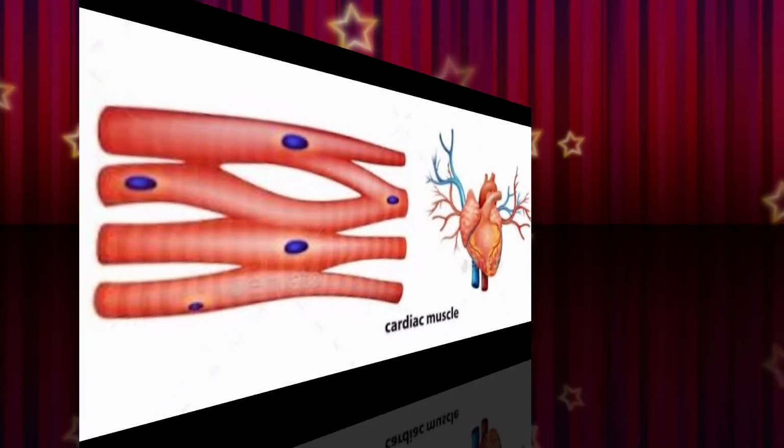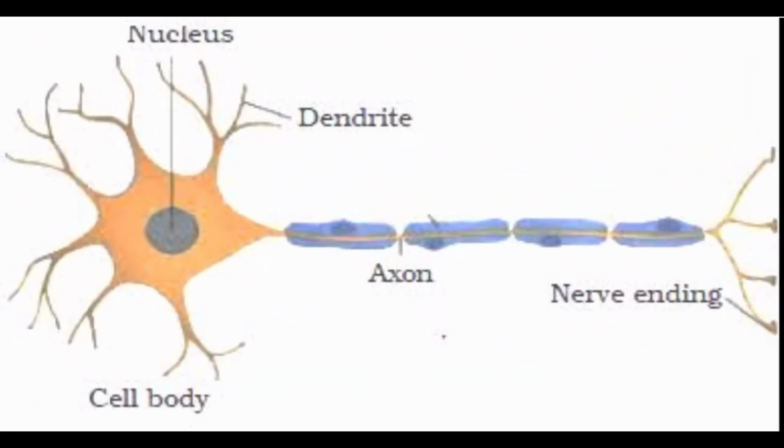Nervous tissues. Cells of the nervous tissues are highly specialized for being stimulated and then transmitting the stimulus very rapidly from one place to another within the body. The cells of these tissues are called nerve cells or neurons. A neuron consists of a cell body, a nucleus, and cytoplasm from which long thin hair-like parts arise.